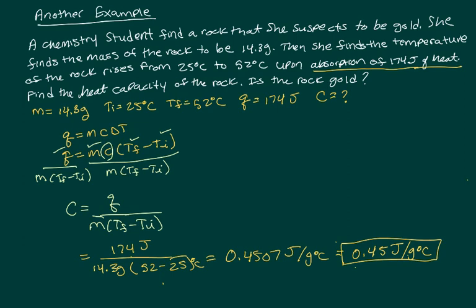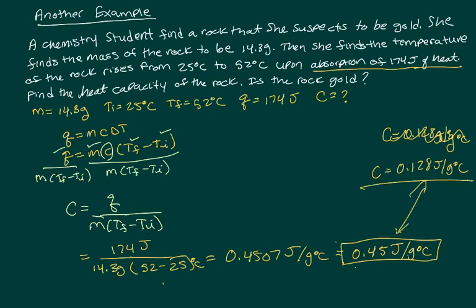And in our book it says that gold has a specific heat of 0.128 joules per gram per degree Celsius. Now you find these numbers do not match, so this is not gold.